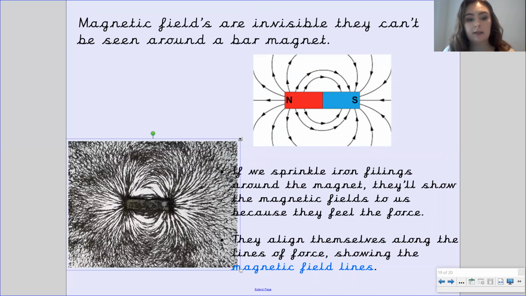So you've got your magnet in the middle, the iron filings have been sprinkled all around it, and then they have aligned themselves with the force to show the magnetic field lines, which you can see here. And you can see the field lines are going around and then joining back up at the other end of the magnet. So take a couple of moments just to have a look at this picture here.